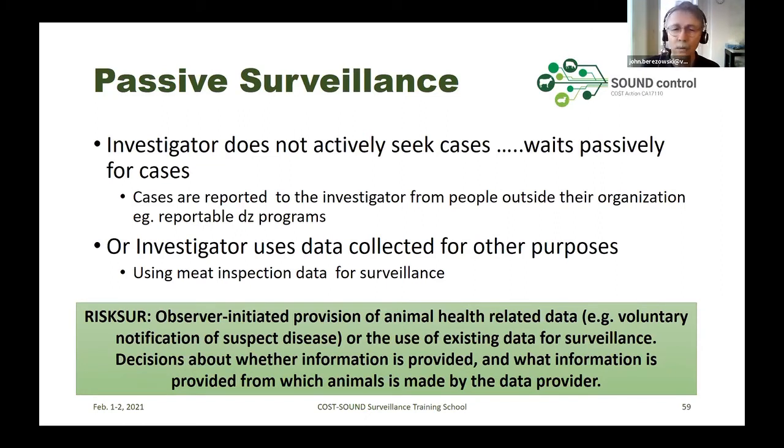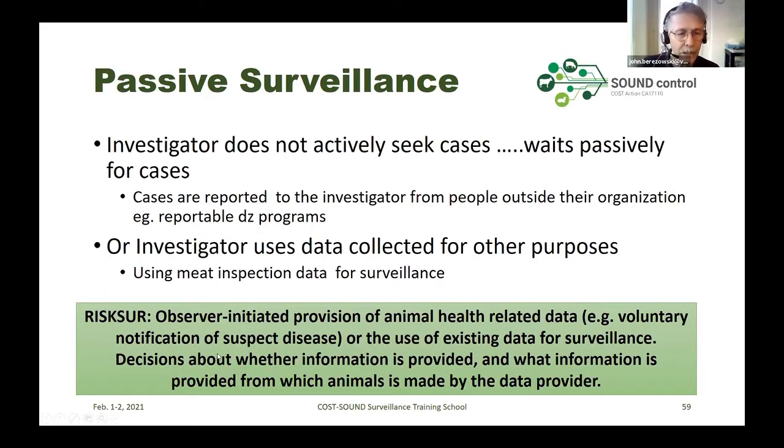The people that own the animals decide whether they're going to report a case or not. And often this is data that's collected for other purposes. For example, using meat inspection data for surveillance or using veterinary practice data for surveillance would be examples of passive surveillance. Even though there are problems with passive surveillance, we still do a lot of passive surveillance in animal health and in public health.